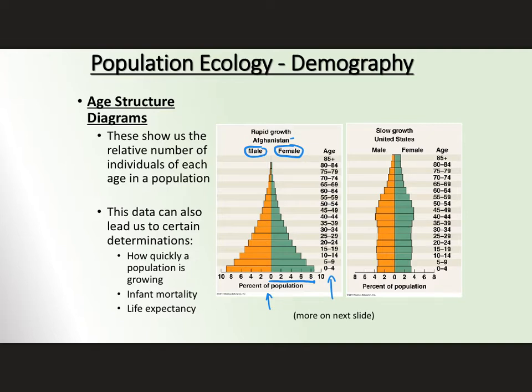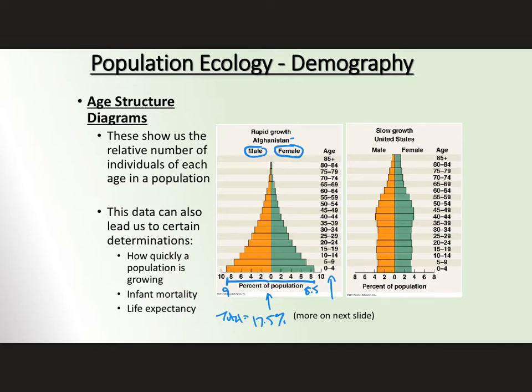But if you were asked for the percentage of all individuals in Afghanistan from 0 to 4, then you would have to add up your two bars. So you would say 8.5% female, roughly 9% male, so total in this case would be like 17.5%, ages 0 to 4.